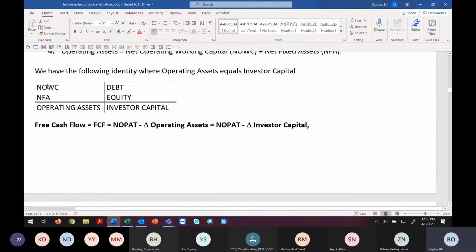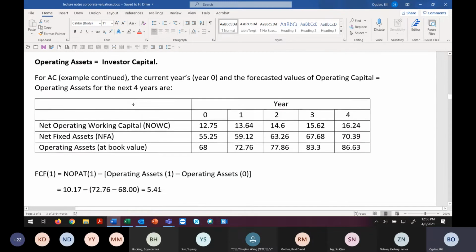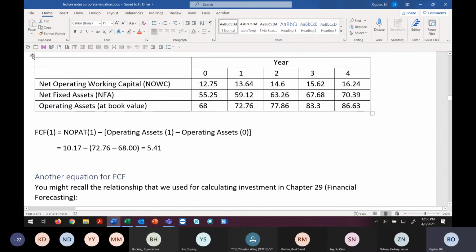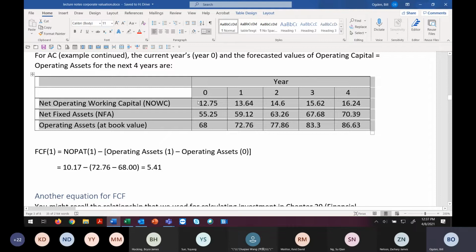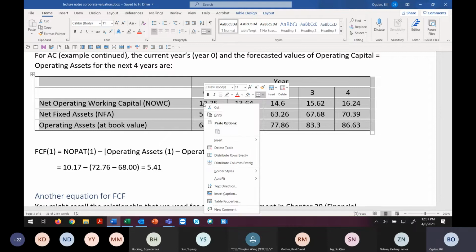So we have it broken down to operating working capital, net fixed assets. On the other side, it's just debt and equity. So we have operating assets equal to investor capital. All right, so let's start with this table. I think it's a better way to do it. So let's start with this table and drop it into a new Excel file.